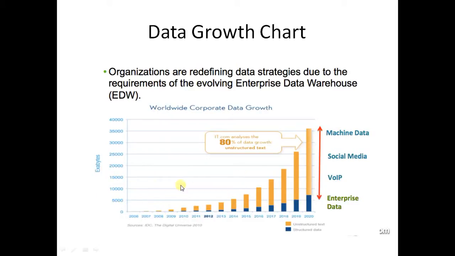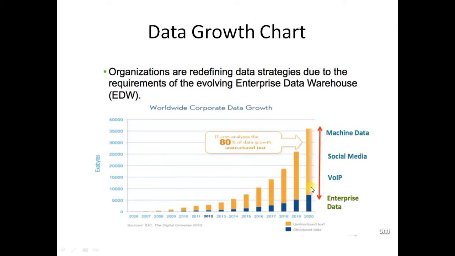But as time progresses, in 2011, 12, 13 or 14, and in 2015, the data size has increased to something around 6000 or 7000 exabytes. It is a very large amount of data, and if this rate continues, it is predicted that in 2020 the size of the data will increase up to 36 to 37,000 exabytes, which is very large.